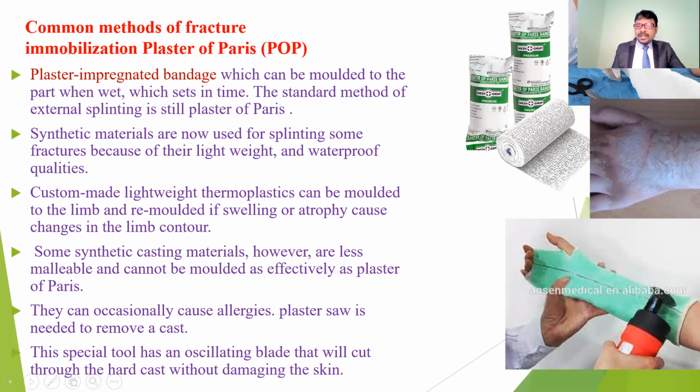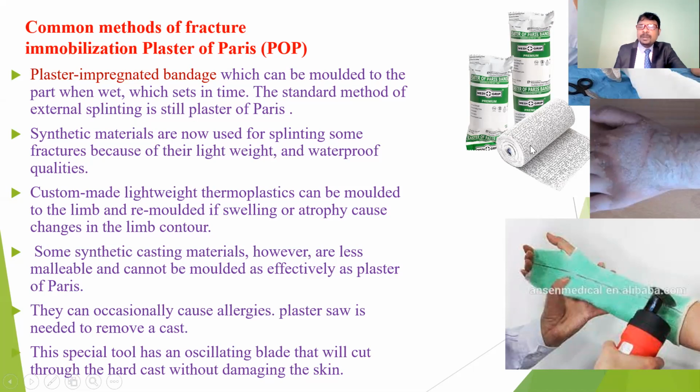While applying the POP, you should be careful. We have to give proper information and orientation about the POP to the patient. If the patient complains of pain, swelling, or tingling, we have to remove the POP immediately, in case of any allergy or severe pain.